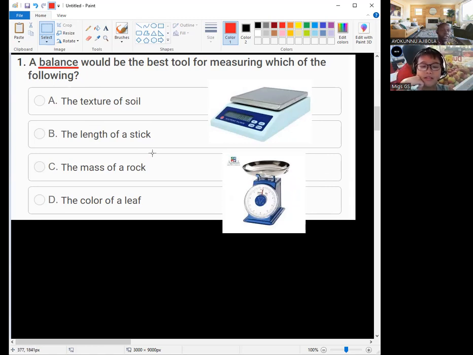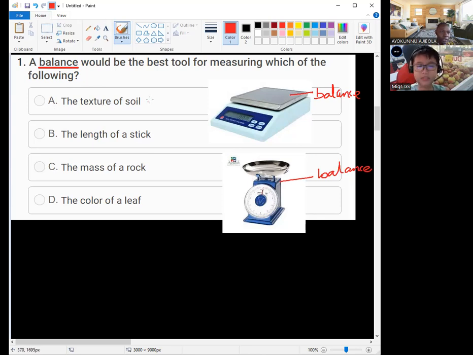Now, which of these options would you choose? A balance, because this is a balance. It's a weighing balance. Is that clear? Now, what would we use a balance to do?